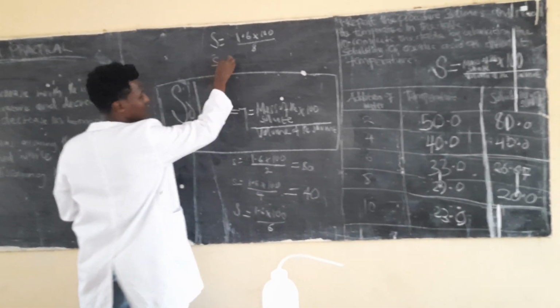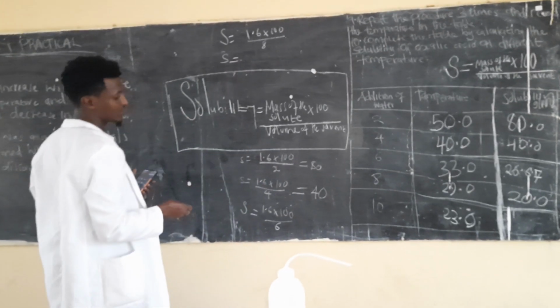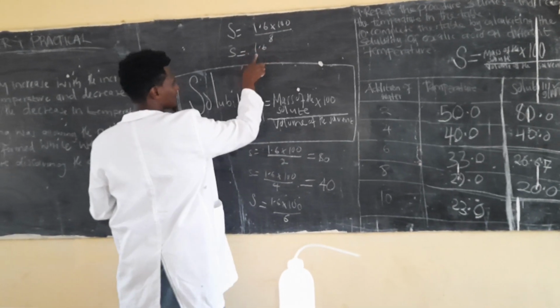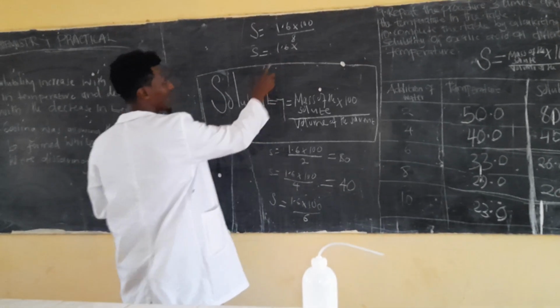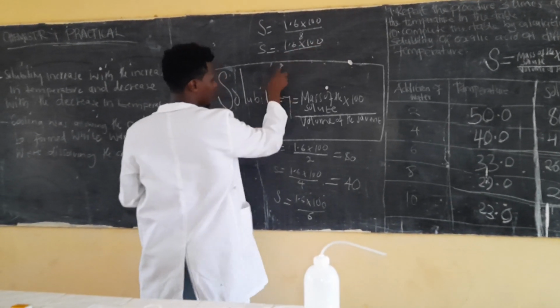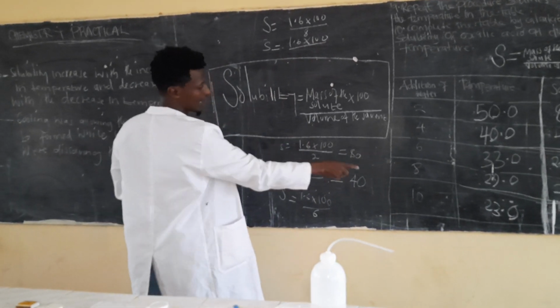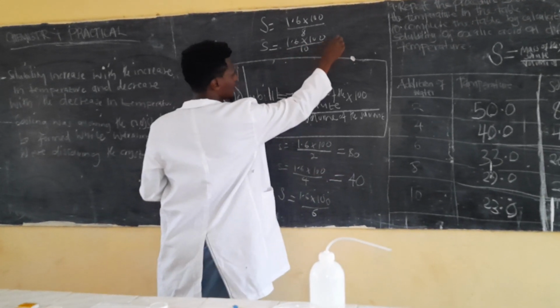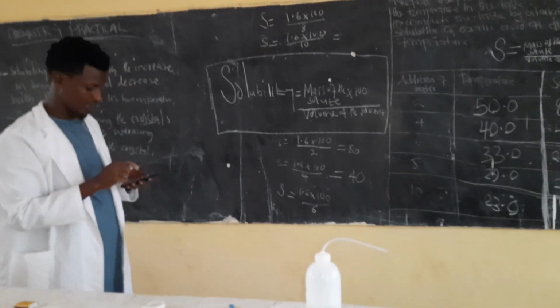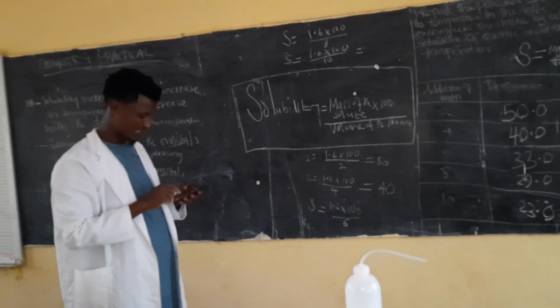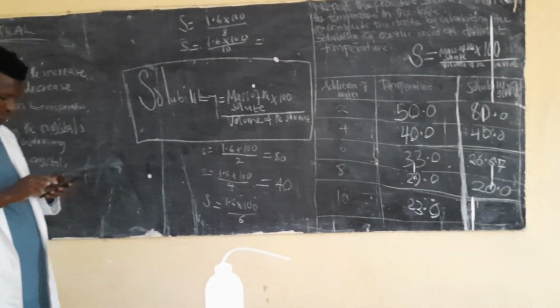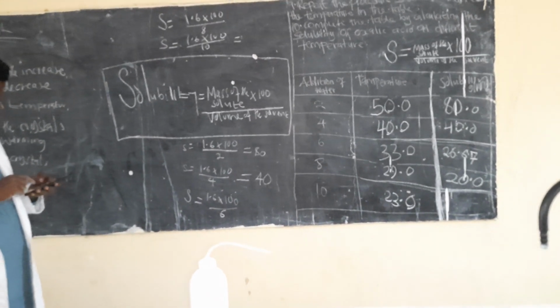Again, for the 10: 1.6, that is the mass, times 100 divided by 10.